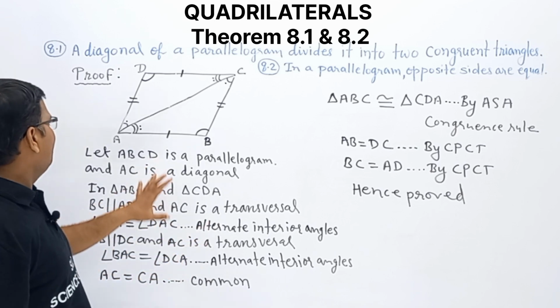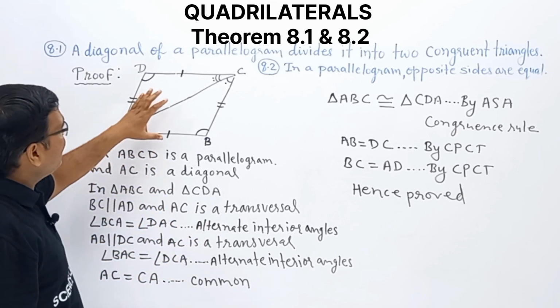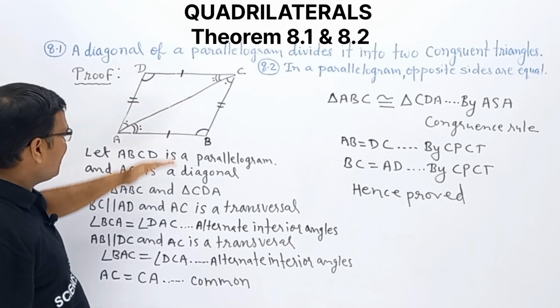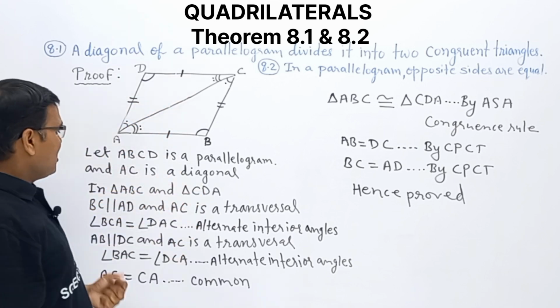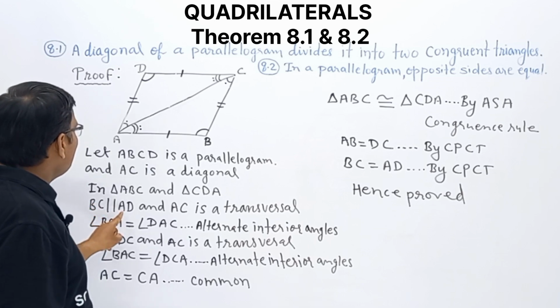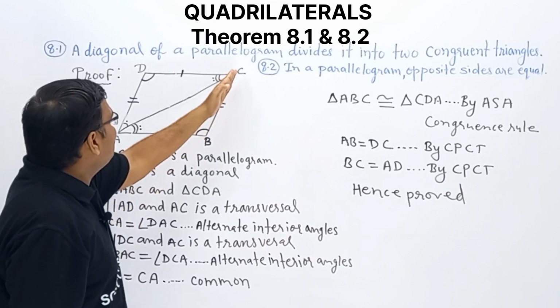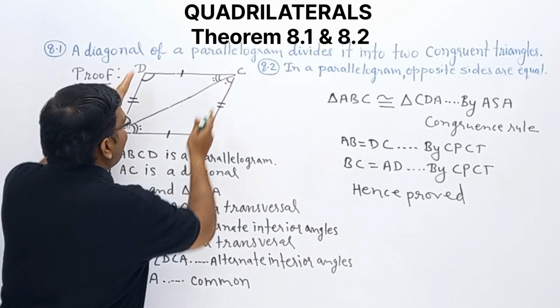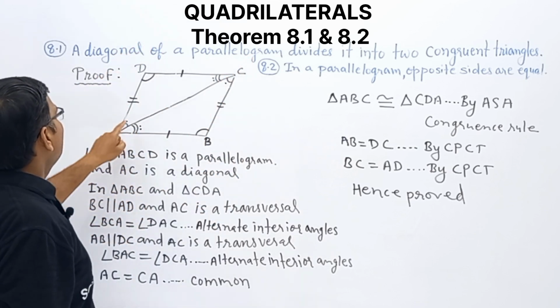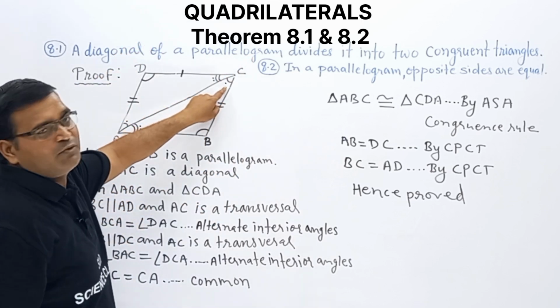So what we are doing, we are taking both triangles and we are applying some concept. We are taking BC is parallel to AD. Two parallel lines are there. One transversal is there. It means this angle will be equal to this one.